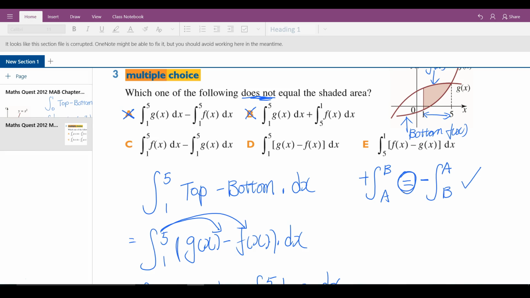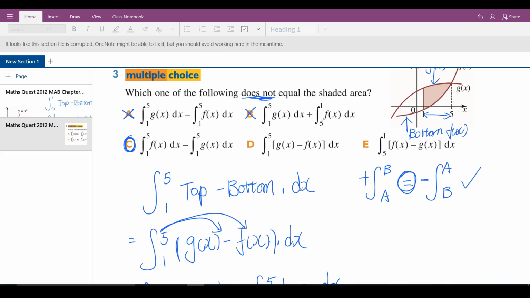So it changed to a positive, but the domain did not flip. Same as the g of x, from a positive it changed to a negative, and the domain did not flip. So this one's very suspicious. There's a big chance it could be this one. It's the wrong expression.